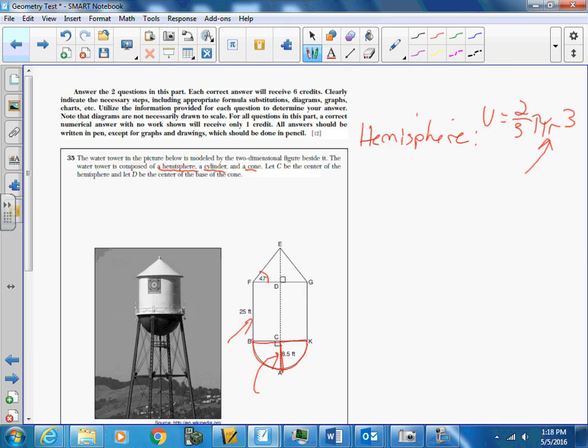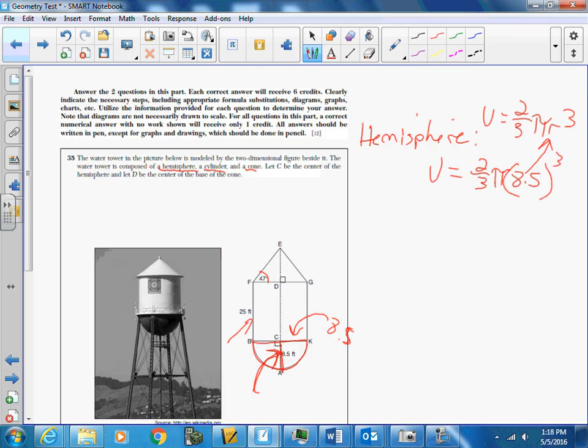So if this is 8.5, then that means that this side is also 8.5, which represents the radius. So the volume of our hemisphere is going to be, volume is equal to 2/3 times pi times 8.5 to the 3rd power.